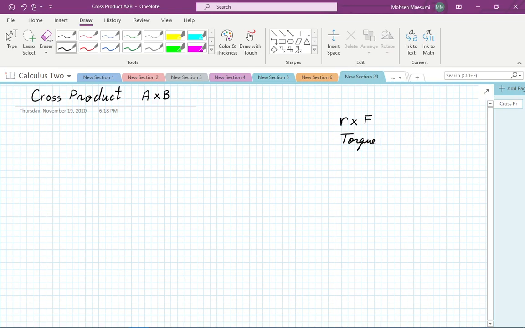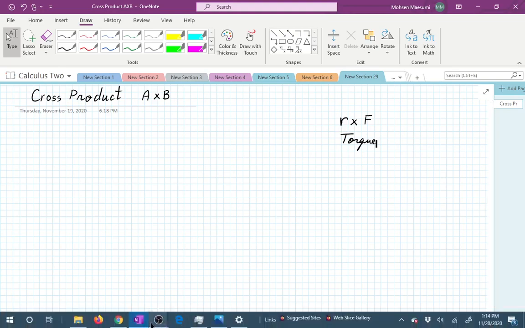So when the rotational force is to be discussed, people use the concept of torque, which is a product of the force and the distance from the point of application. Let me just take you to some places on the internet to see where this topic shows up, and then we go back to the mathematical properties of this operation.